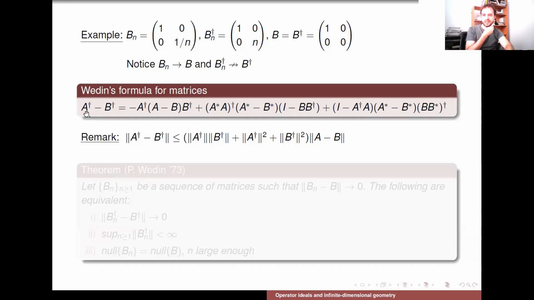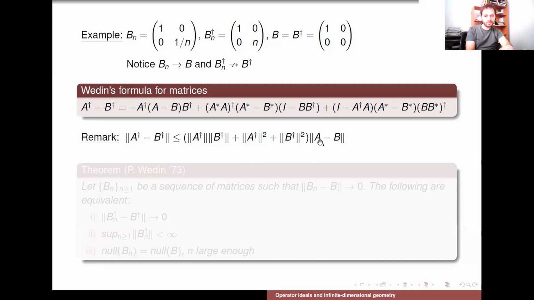It says that the difference between A dagger and B dagger can be written in terms of the difference between A and B, and also there are adjoints and some other products here. So after a little work, we can find this estimate.